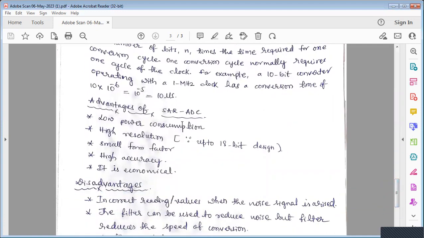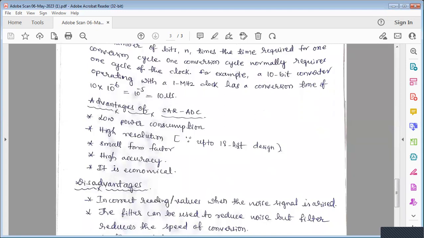So what are the advantages of this SAR ADC? It consumes low power. Low power consumption is the specialty of the circuit. And high resolution. This high resolution comes because you can go up to an 18-bit design. Generally 16-bit design is normal, but with a little bit more effort, you can design a circuit of 18-bit.